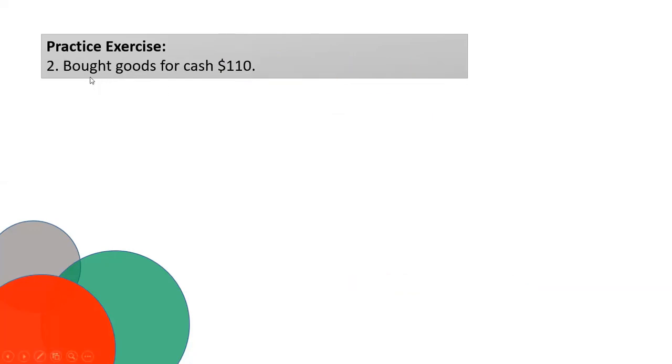In transaction number 2, we can see bought goods for cash 110. We can see here cash is going out from the business, meaning cash is decreasing. And why is cash decreasing?